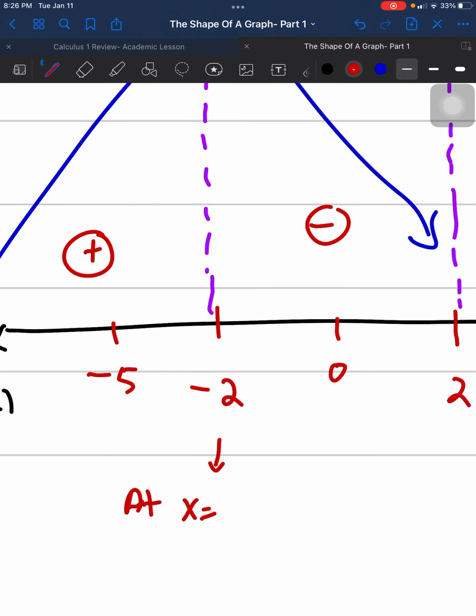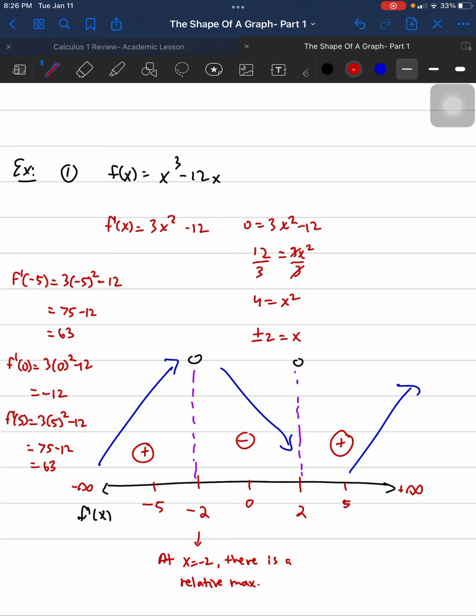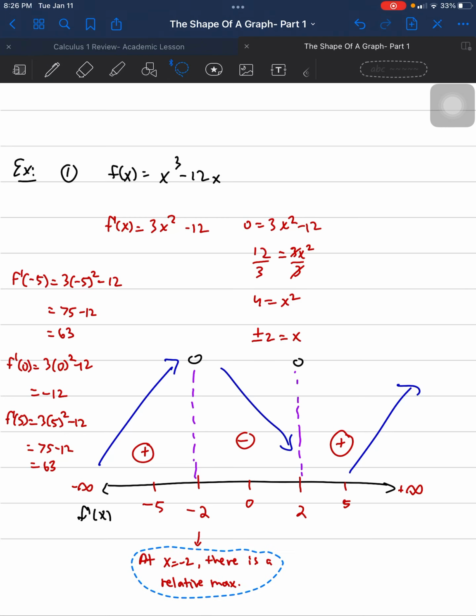So at x equals -2, there is a relative maximum.